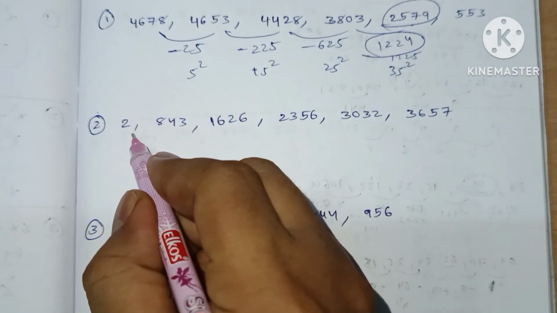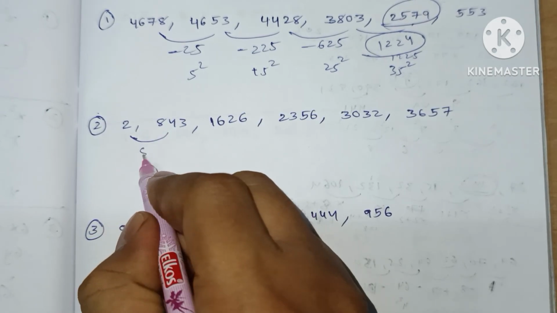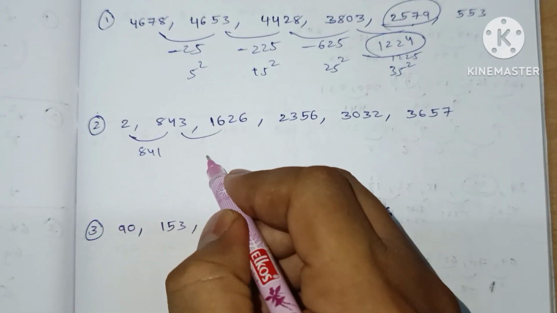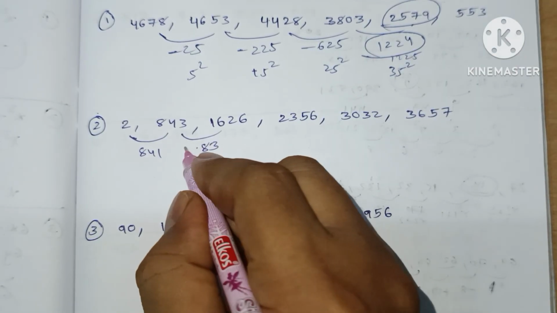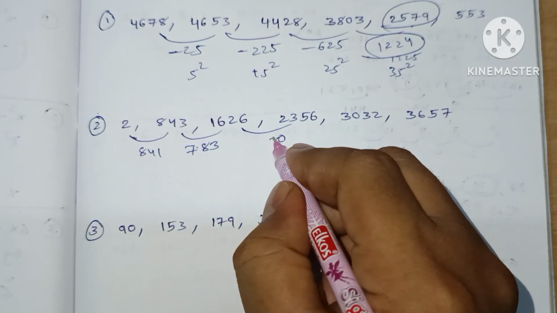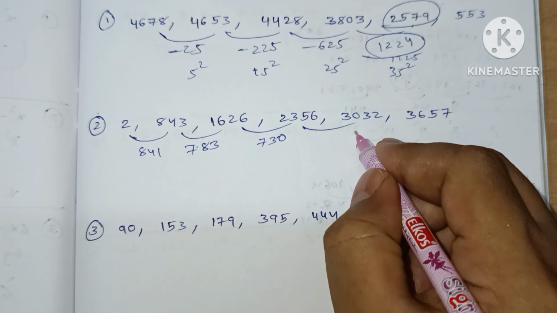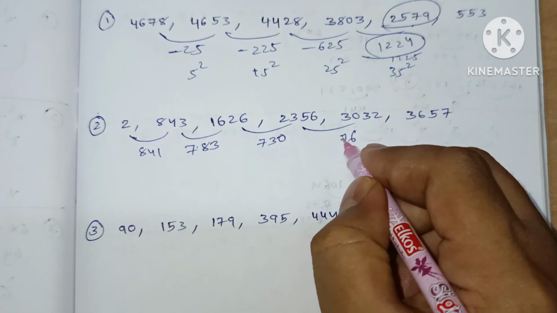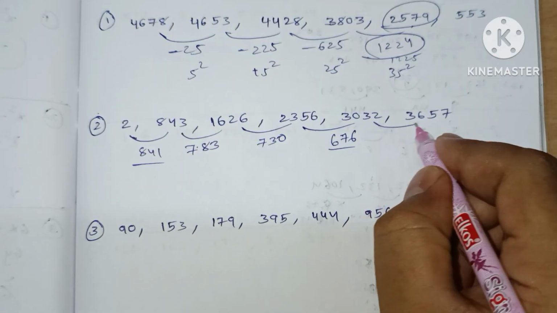Next one. Here we see the difference between these two numbers is 841. Here the difference between these two is 387. Okay, next one is 0, 3, 7. Here the difference between these two numbers is 6, 7, 6. These are familiar numbers to me.